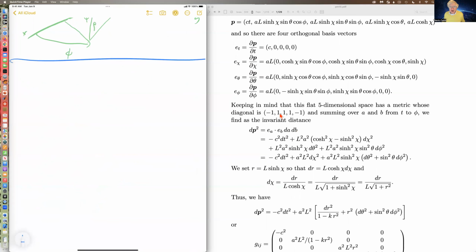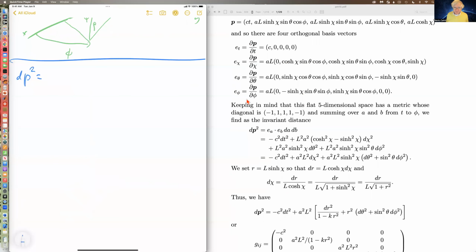Maybe I should do this explicitly. What is this dp squared? First, I think we can see that this one is orthogonal to all the others, and this one is orthogonal to that one. These are all orthogonal vectors. So the metric is going to be diagonal, and we only need to take et dot et, e chi dot e chi, e theta dot e theta, e phi dot e phi.